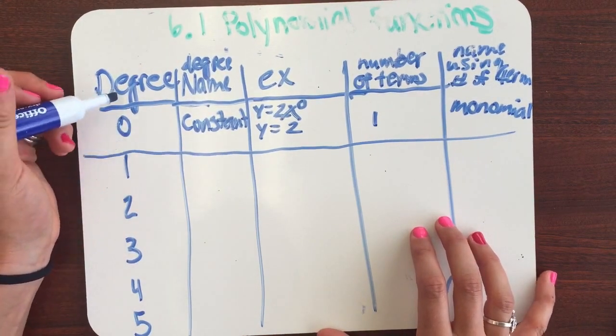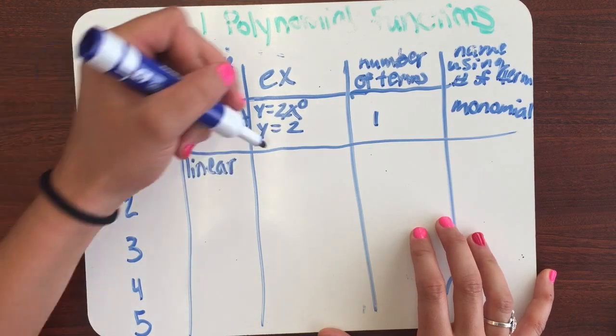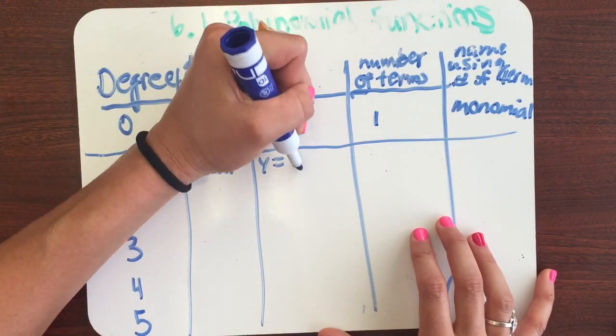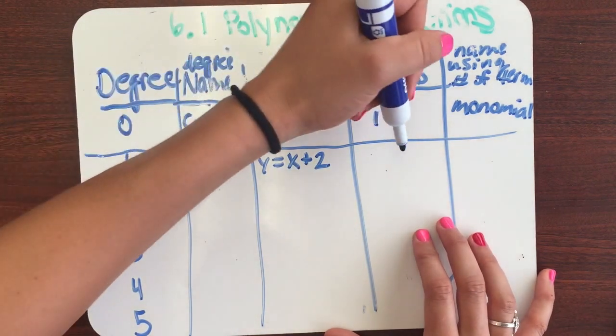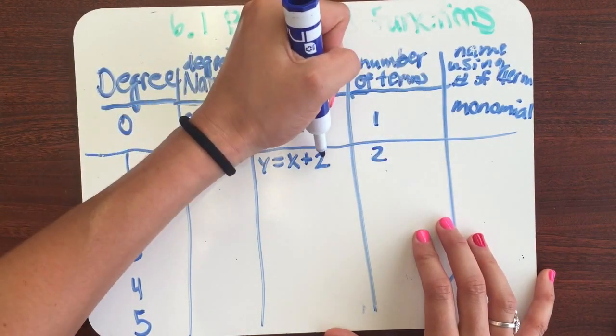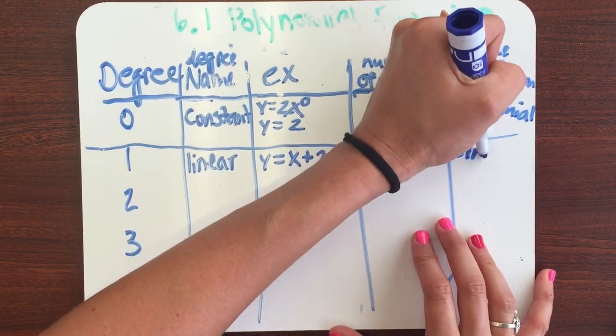If the degree is a 1, we call that linear. For example, y equals x plus 2. So this has two terms, x is a term and 2 is a term, and when it has two terms, we call that a binomial.